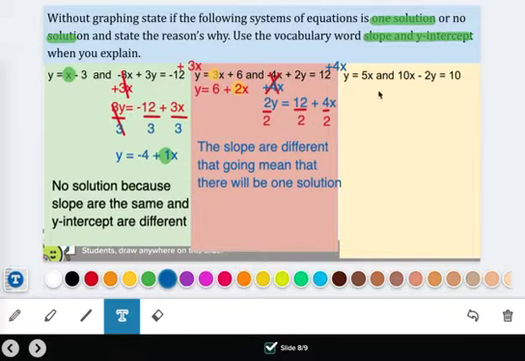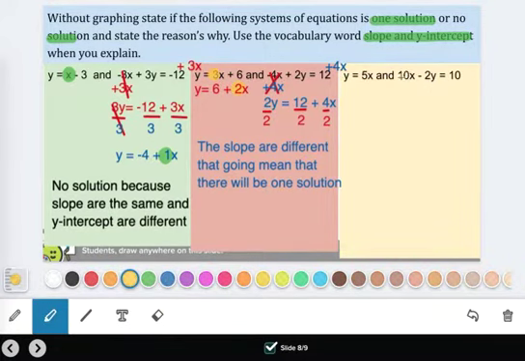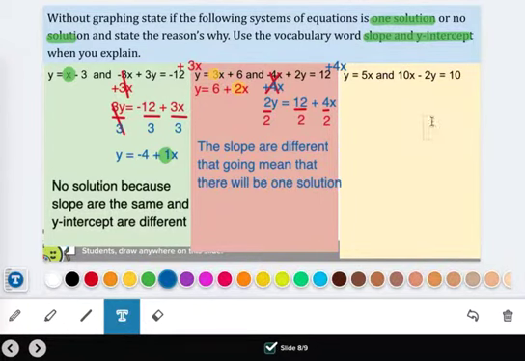Okay, so same thing for this one here. We go ahead and solve for y for this equation there, first by making the x equal to 0 by minusing 10x from both sides.